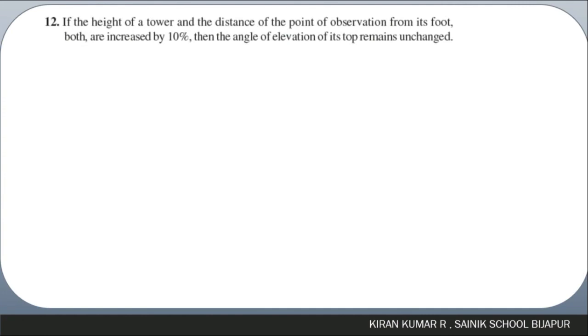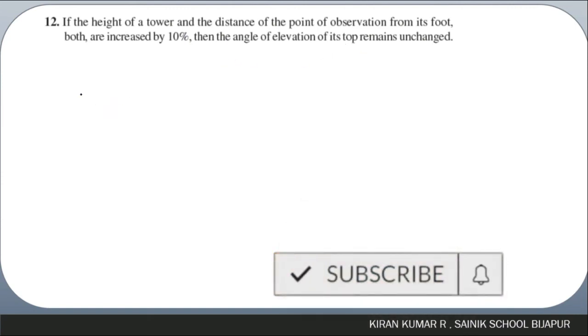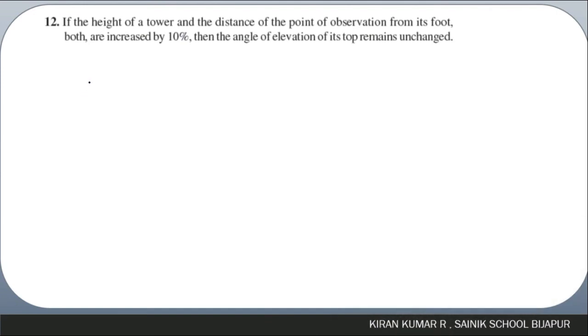Last statement: if the height of the tower and the distance of the point of observation from its foot both are increased by 10%, then the angle of elevation of its top remains unchanged. Let me consider h to be the height of the tower.